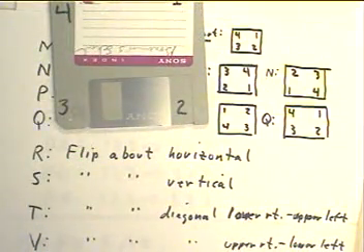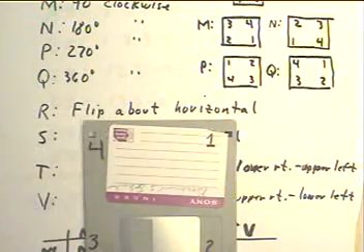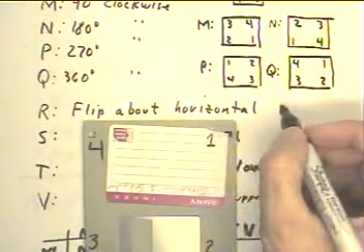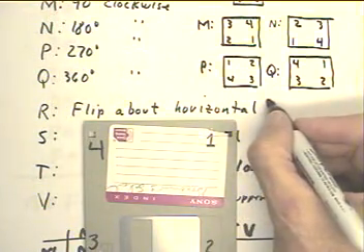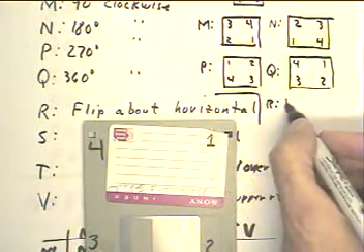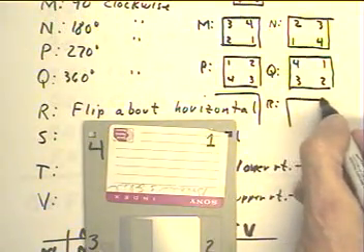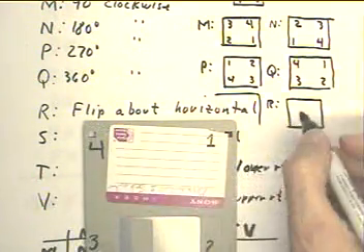Now we have other possible symmetries of this square. We have the R rotation. Now what R does is it flips the disc about a horizontal axis.